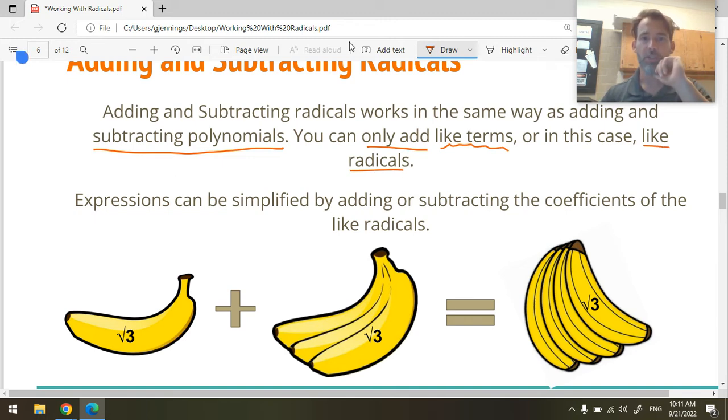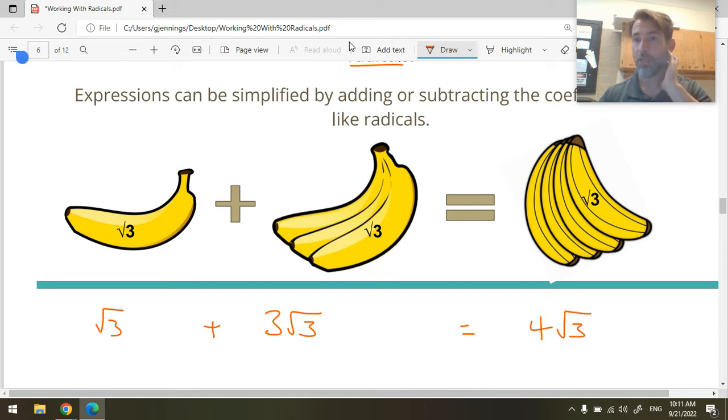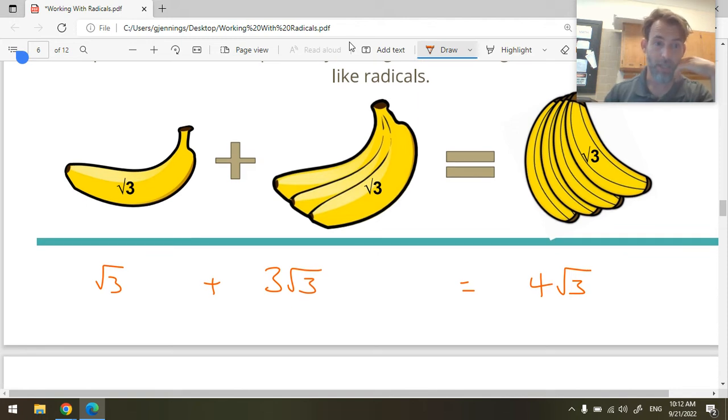So expressions can be simplified by adding or subtracting the coefficients of like radicals. If we have root 3 plus, that looks to me like 3 root 3, we will have 4 root 3. It's just like collecting x plus 3x equals 4x.